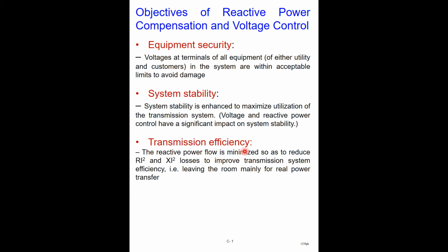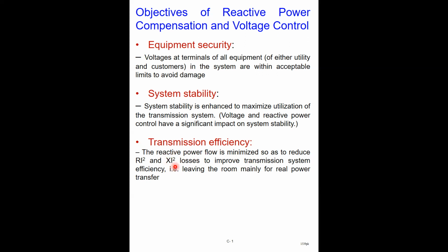So the reactive power flow remains minimum, because we want to reduce the losses that take place when you have the power flow through your transmission network. So if you are able to reduce these losses, then we can have a greater amount of real power flow in the network, and thereby have higher transmission efficiency here.